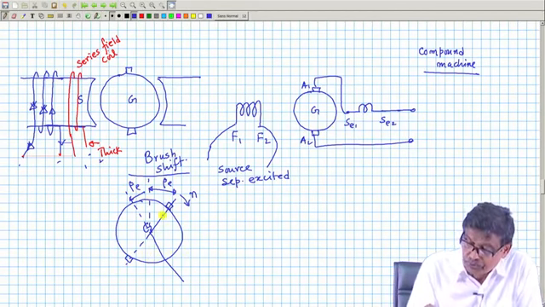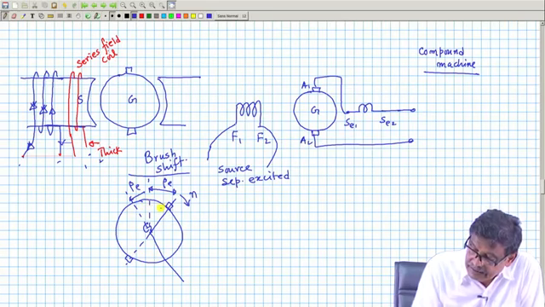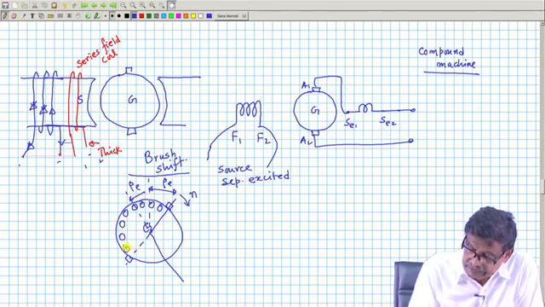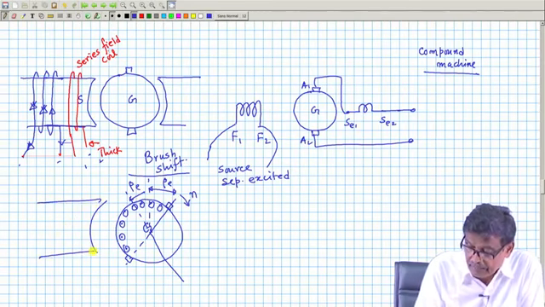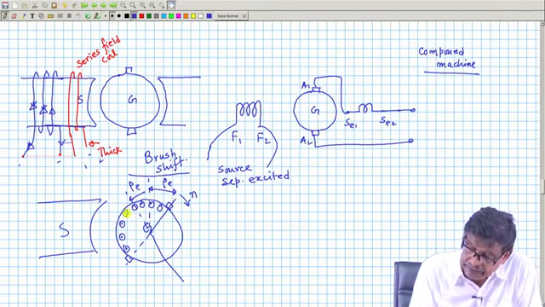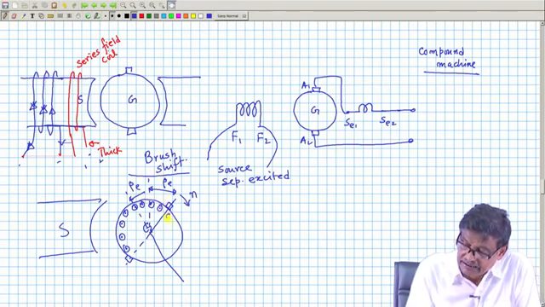The moment you do it, then the current distribution of the armature, if you look at, this all becomes dot. I am always talking in terms of this being south pole, and this dot will continue up to this, and these are cross, up to this.